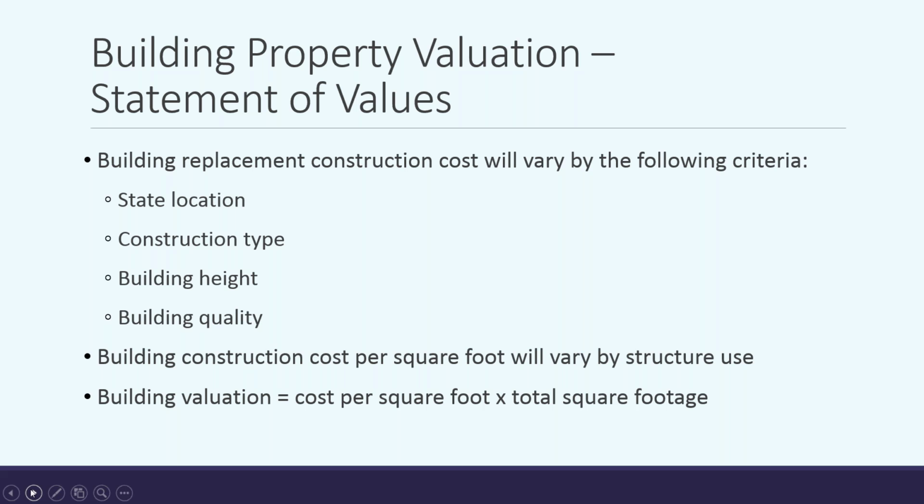How many stories it is will play into it. And again, like Ane was saying, the quality of the building definitely plays a role, because if it's an older building and it hasn't been maintained and upgraded, we're not going to be able to offer you special form replacement cost. We would be able to do basic ACV, but if they're looking for that special form replacement cost, then you're kind of looking for pride in your building and the way they maintain it. So it's definitely something that they would be looking for.